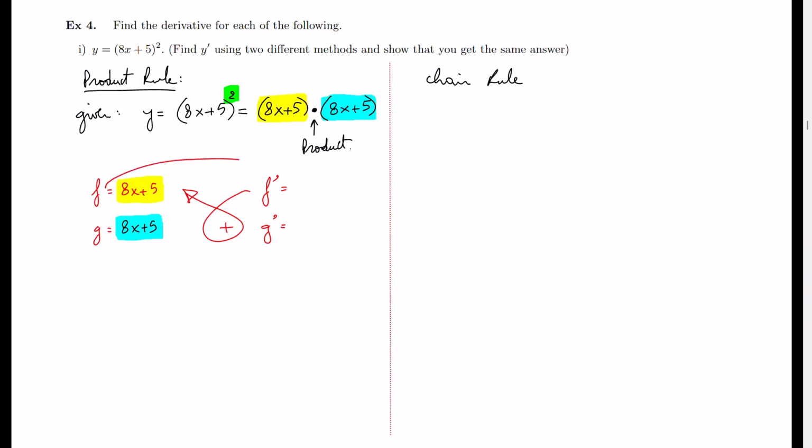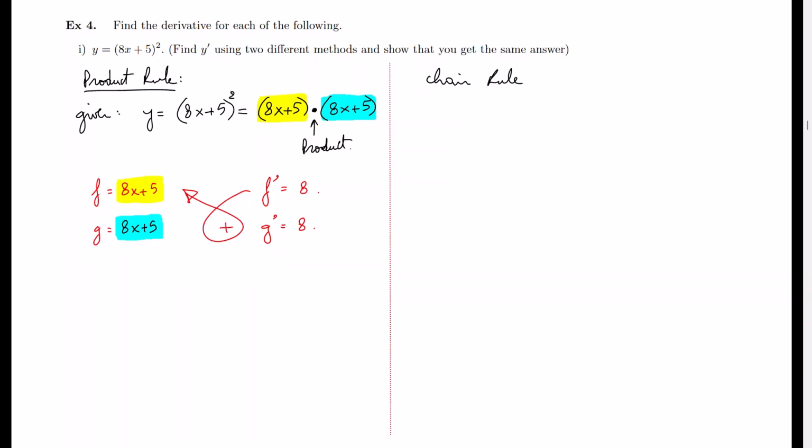Now, I need the derivative of f to go on the side. So what's the derivative of 8x plus 5? Well, simply 8, because 8 times 1 is 8, and the derivative of 5 is 0. And in the same way, the derivative of 8x plus 5, which is the g this time, is going to be 8 as well.